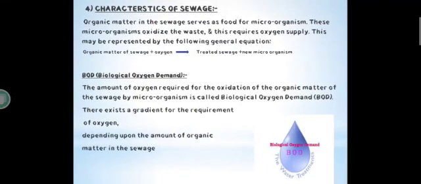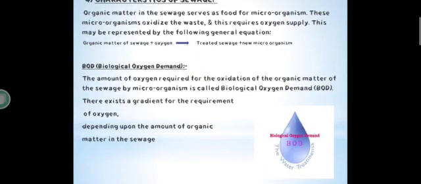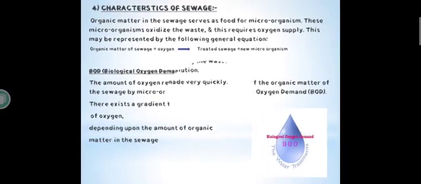Then comes BOD, that is biological oxygen demand. The amount of oxygen required for the oxidation of the organic matter of the sewage by microorganisms is called biological oxygen demand. There exists a gradient for the requirement of oxygen depending upon the amount of organic matter in the sewage.